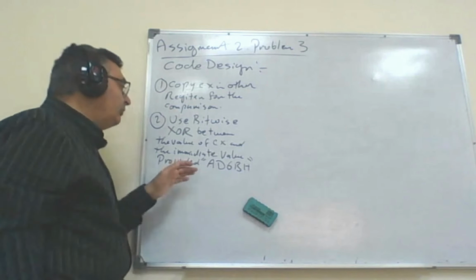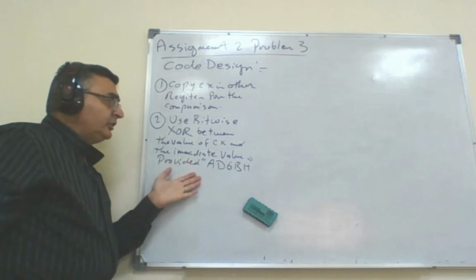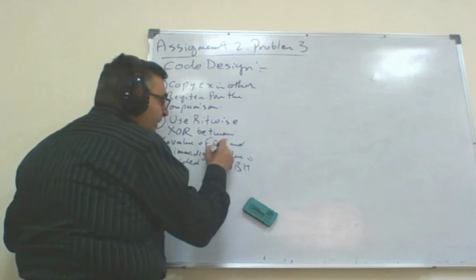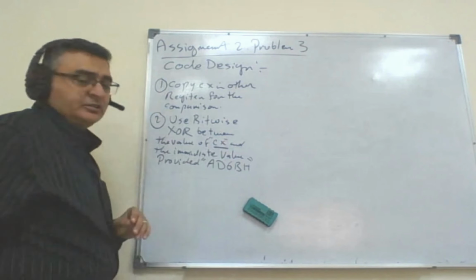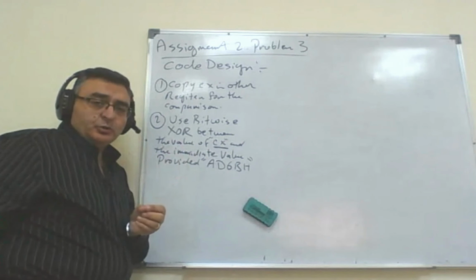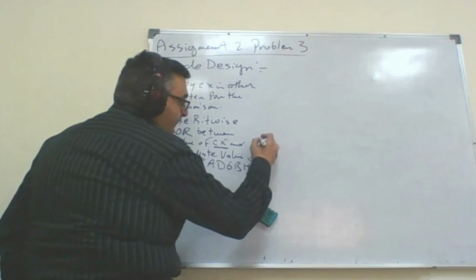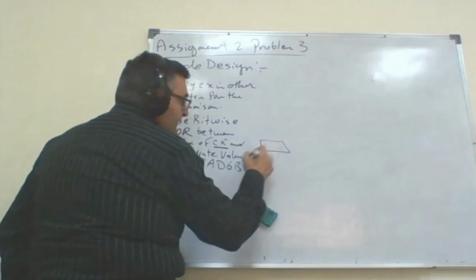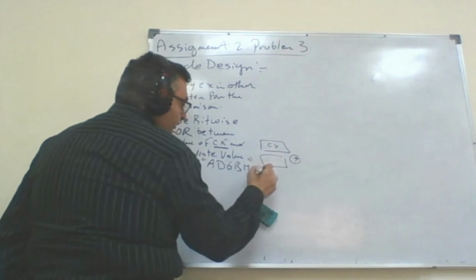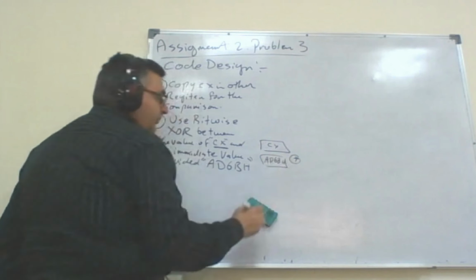Right now, I will end up with a register, whatever the register is. As mentioned, we copy CX, maybe in BX, maybe in DX, any other register. So this register is a copy of CX XORed with the immediate value provided in the problem.